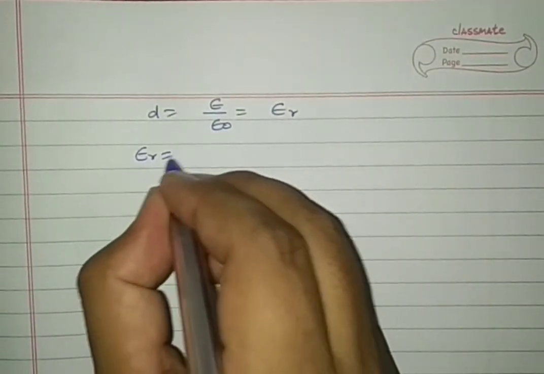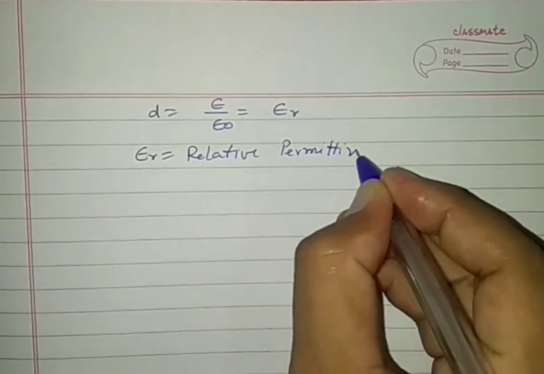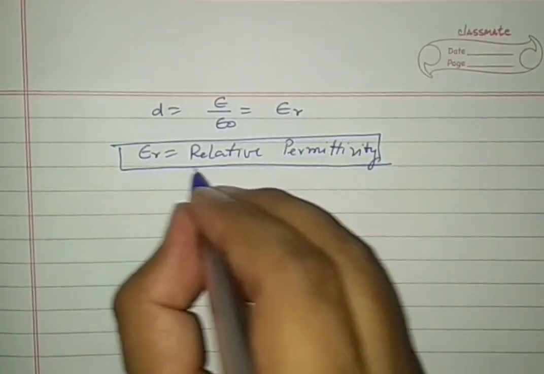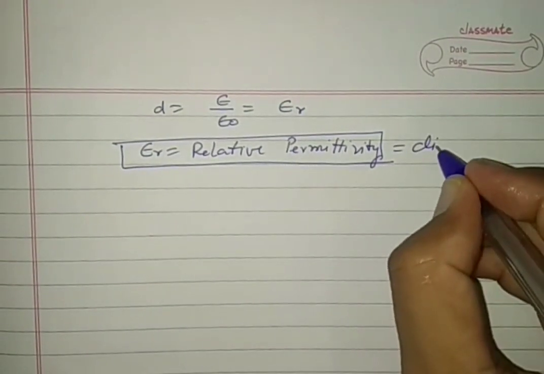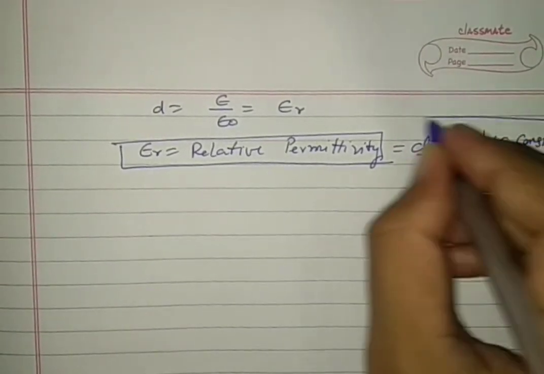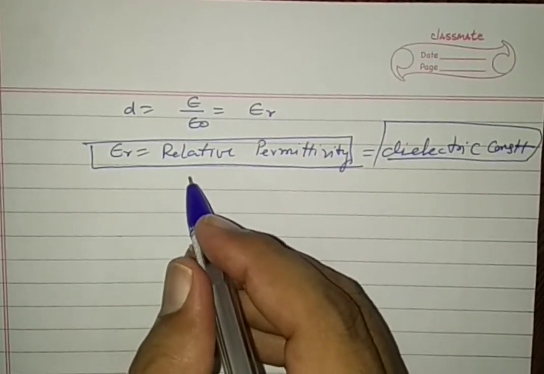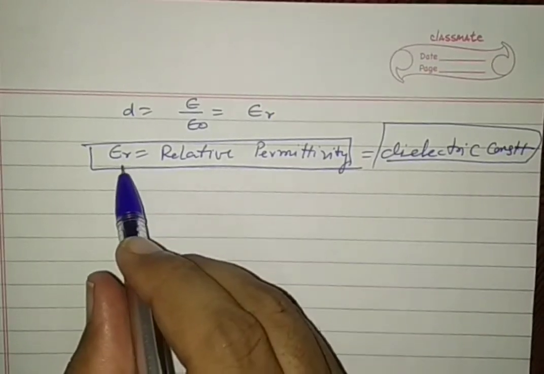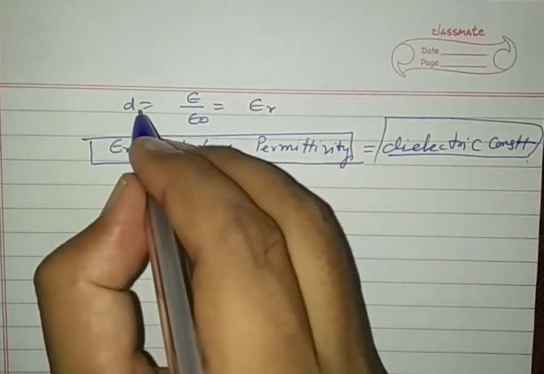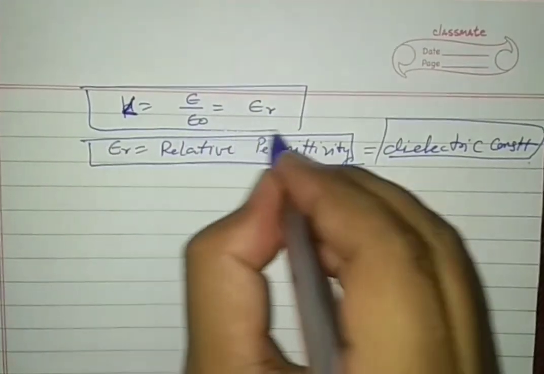Epsilon r is known as relative permittivity, and relative permittivity is also equal to dielectric constant. So we can say that Coulombian force depends on the third entry, the medium also. Relative permittivity of medium is also called dielectric constant, represented by K, not D. See, this is the formula.